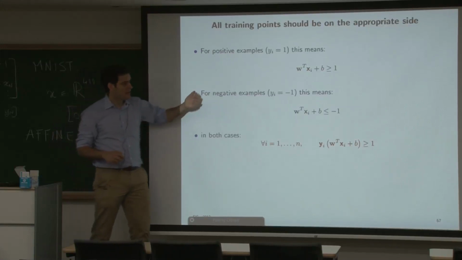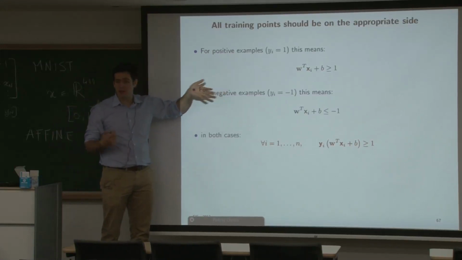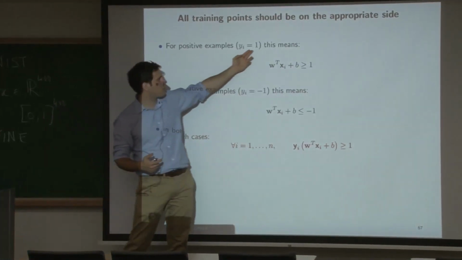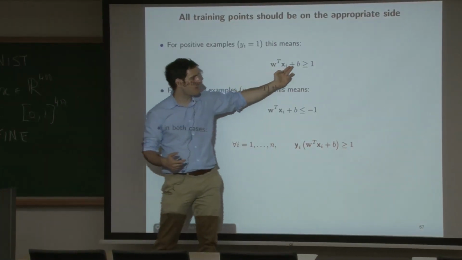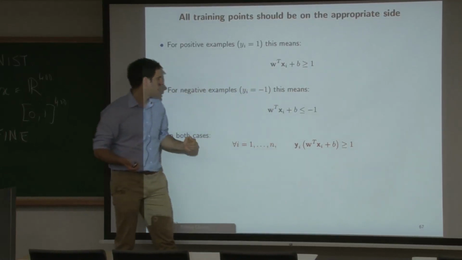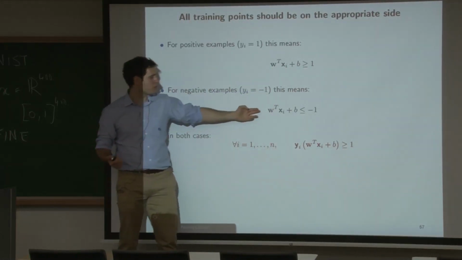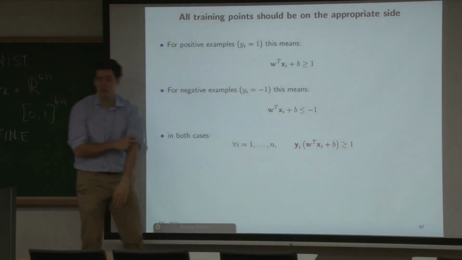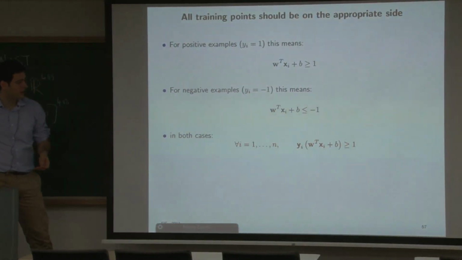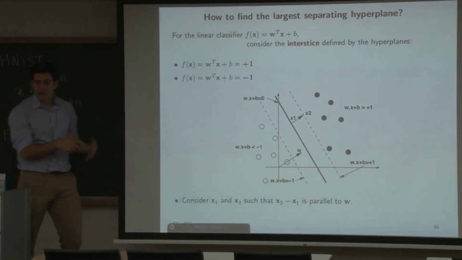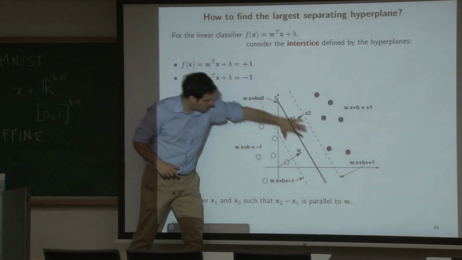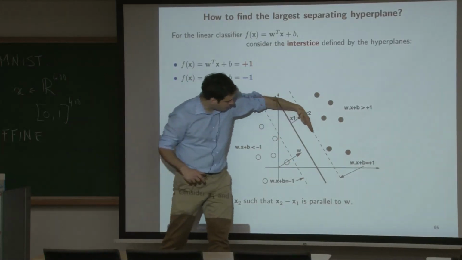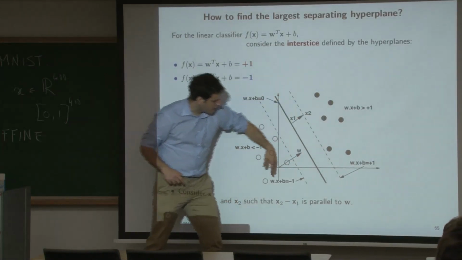Remember that I need this tube to agree with my labels. I need that for all points such that y equals 1, w transpose xi plus b is bigger than 1. And I need that for all points such that y equals minus 1, w transpose xi plus b is smaller than minus 1. This is by definition my convention. All the minus points are on this side, and all the plus points are on this side.